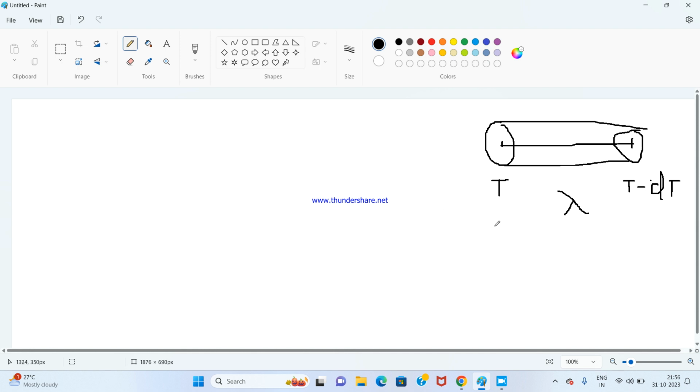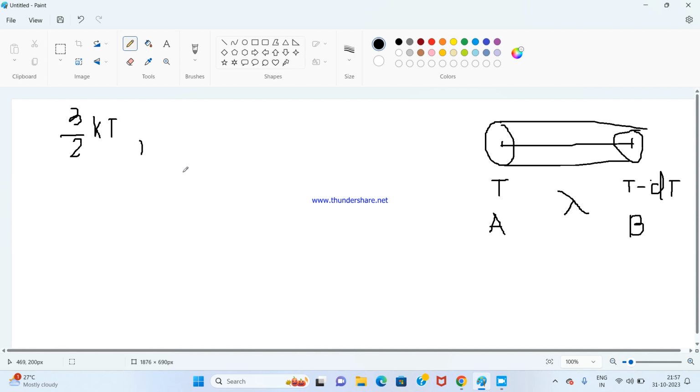So say this is the end A and this is the end B. We already learned that the energy per unit volume at end A is 3/2 k, small k, into the absolute temperature T.